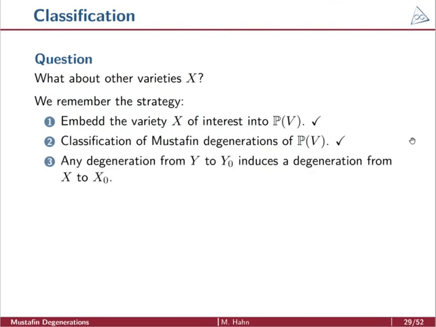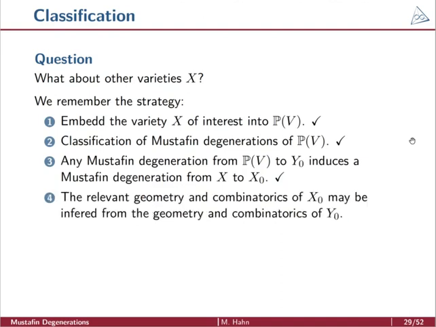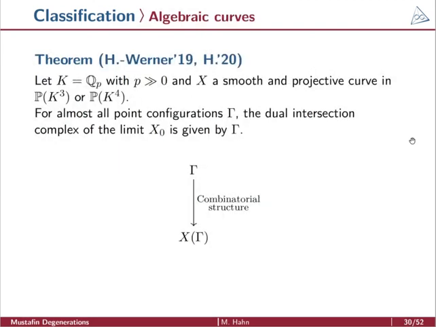And then any degeneration of the ambient space should induce a degeneration of the subvariety X. That is indeed true almost by definition. And in the end, so the hard part, that is what I promised in the beginning, is that the relevant geometry and combinatorics of the limits of the embedded variety X may be inferred from the geometry and combinatorics of the limits of the ambient space. And this is something that I did in a joint work with Annette Werner.